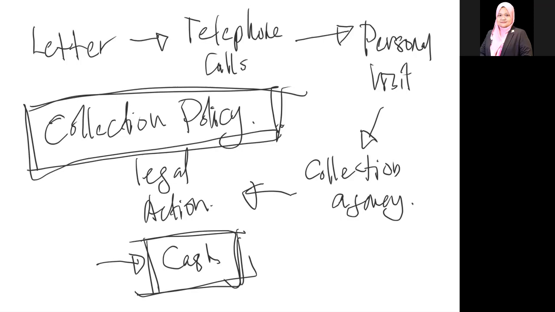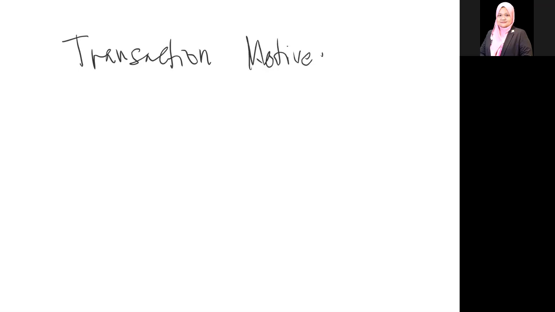Because of lots of reasons actually, but we comprise it into 4 reasons. The first one is transaction motive. Why transaction motive? Because all trading needs cash. So without cash, you're not able to operate your business.